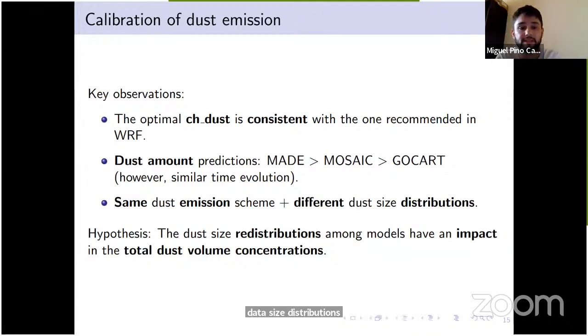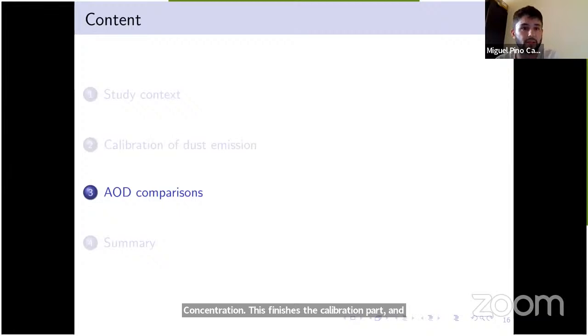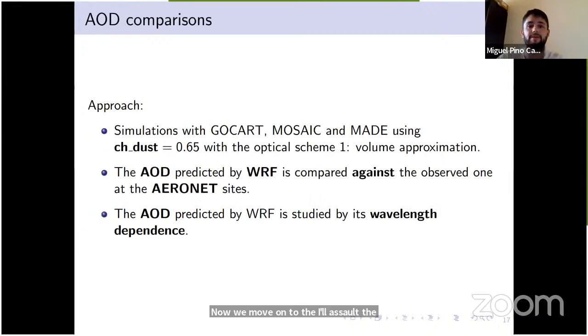So our hypothesis is that the dust size distributions among models have an impact on the total dust volume concentrations. This finishes the calibration part, and now we move on to the aerosol optical depth part.